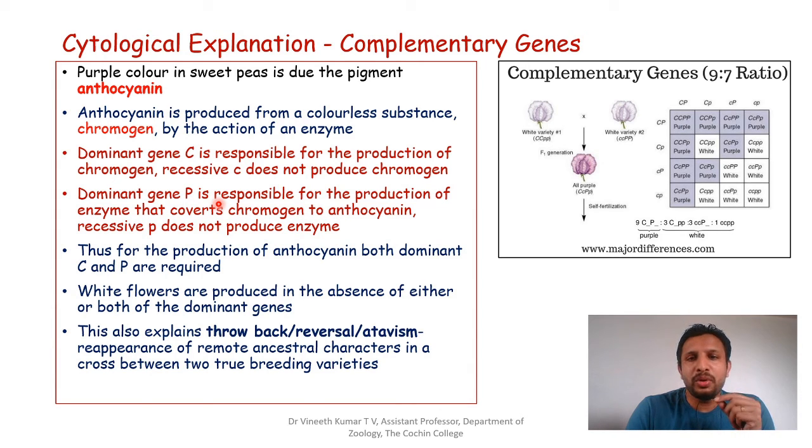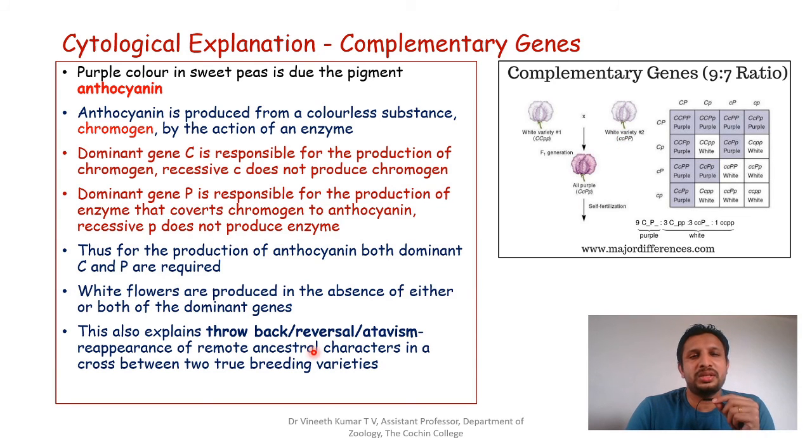And the color traits of the earlier ancestors appear when these two come together. That means these two individuals, neither of which has purple color, when they come together, an ancestral trait is expressed.